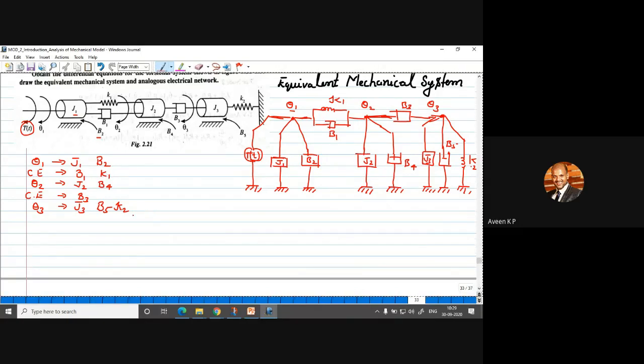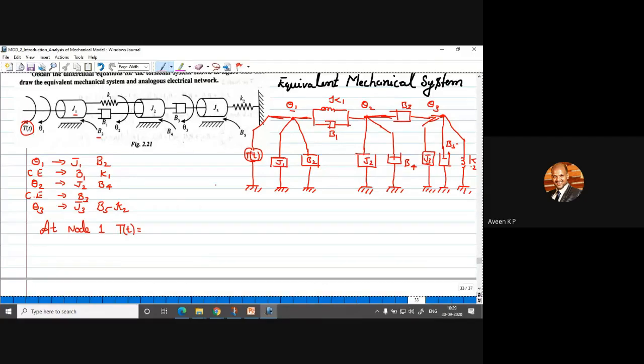Okay, so our first equation will be at node 1, that is at theta 1. We have the applied torque, T of t, which I represent on the LHS.